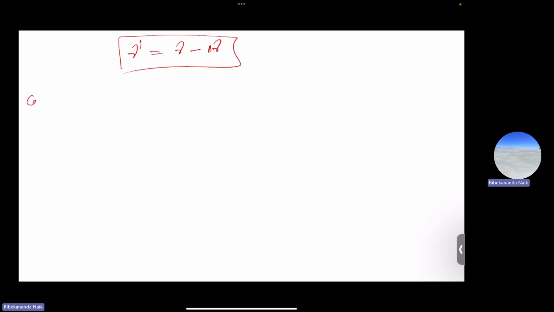So there are three cases. Case 1: if delta nu equals 0, then nu prime equals nu, and this is called the Rayleigh line.